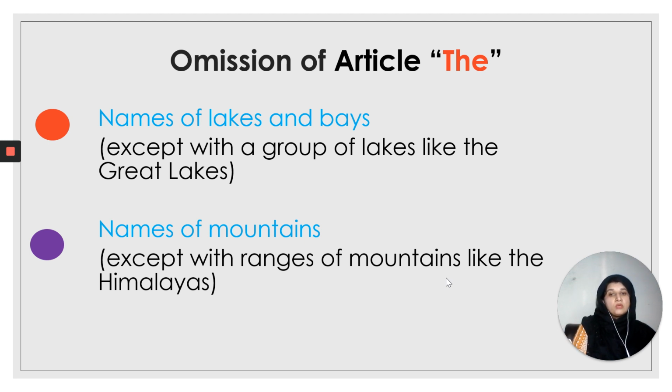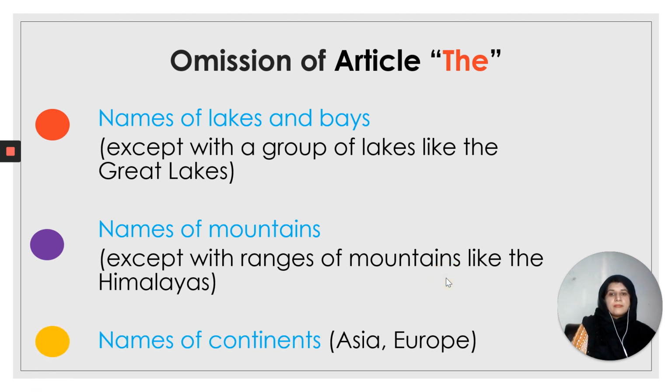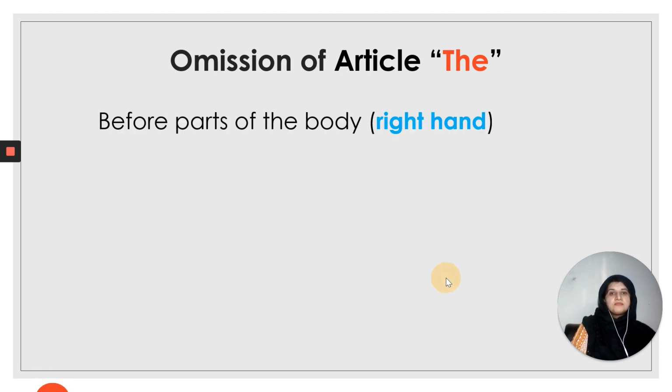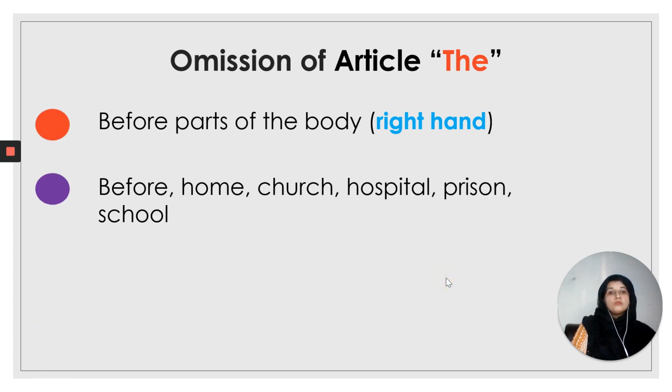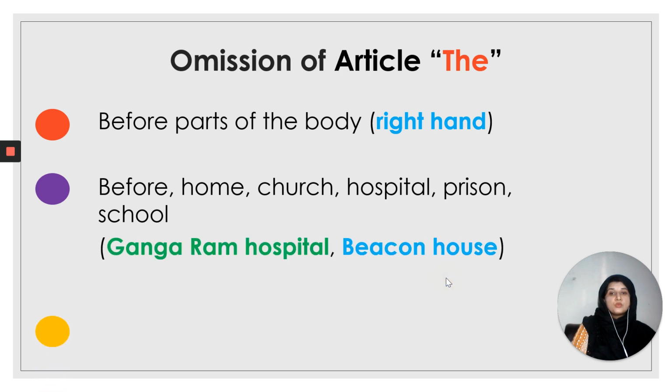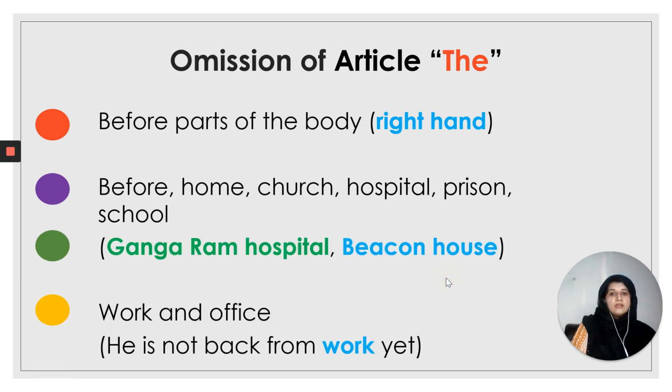With individual mountains we will not make use of the, but if it's a range of mountains like the Himalayas, तो उसके साथ हम article the लगाएंगे, right? Names of continents, before parts of the body, before home, church, hospital, prison, school, right? Work and office, इनमें से किसी के साथ भी हमने article the नहीं लगाना, right?